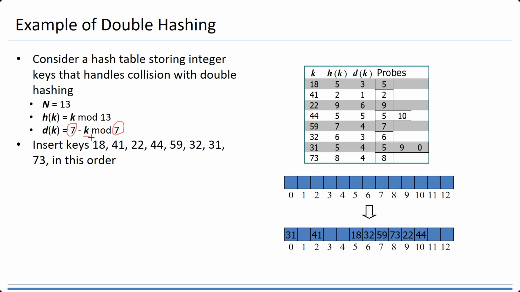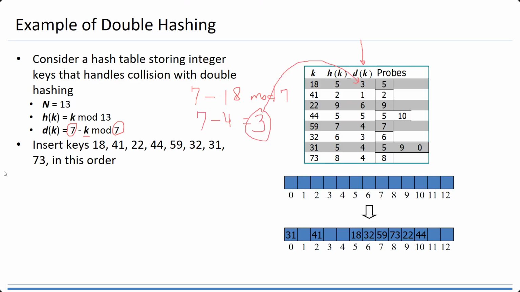Now, if you look at this d(k), we have 7 minus (18 mod 7). What is the value? 18 mod 7 equals 4, then 7 minus 4 is 3. So the value 3 will be here.